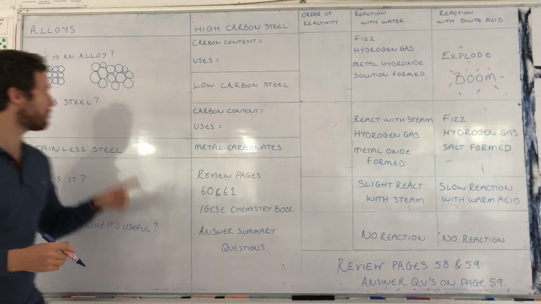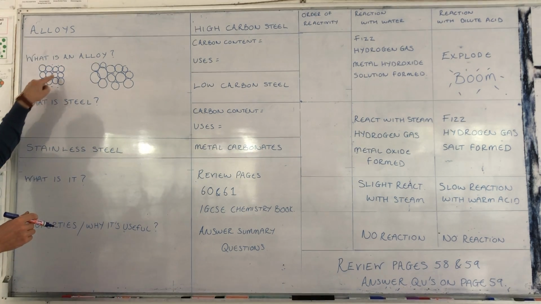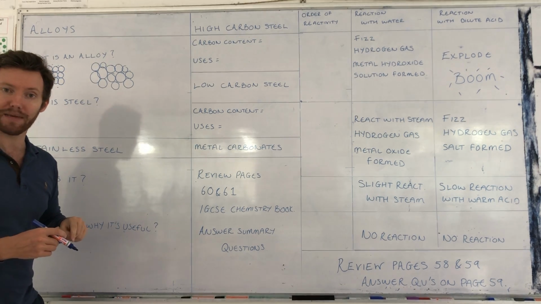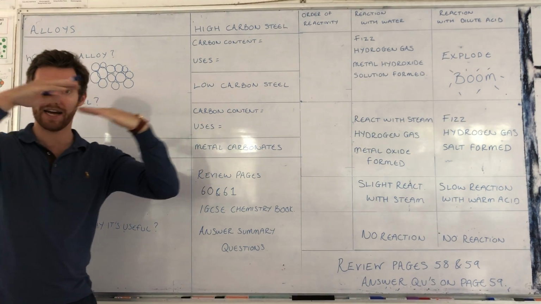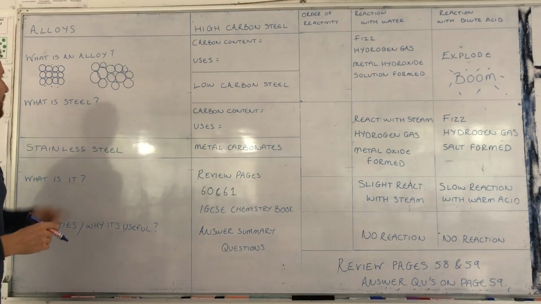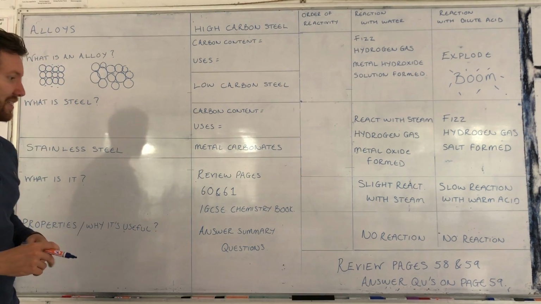Why is that the case? Because if we compare and contrast the two, pure metals can easily slide over each other. However, an alloy being a mixture of metals, we can't really have this sliding motion between the particles. It's a bad drawing, but I hope you understand what I'm getting at here.